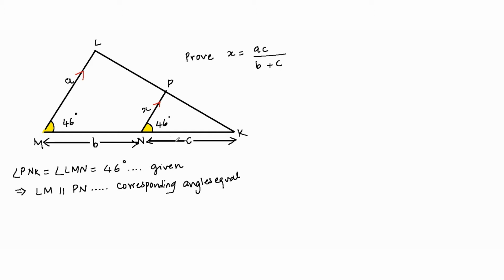So that's why I am considering similarity between these two triangles, because that will help us identify a relation between X, A, B and C. So let us now take these two triangles for similarity. Consider triangle PNK and triangle LMK for similarity.